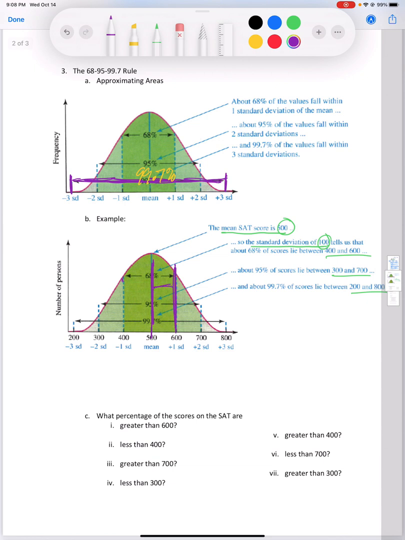This spans a part of the area under the curve that is not labeled, but we can deduce the amount of students who score between 500 and 600. Or the percent, I should say. More technically, it's the percent.